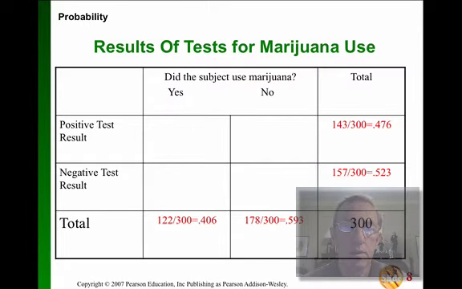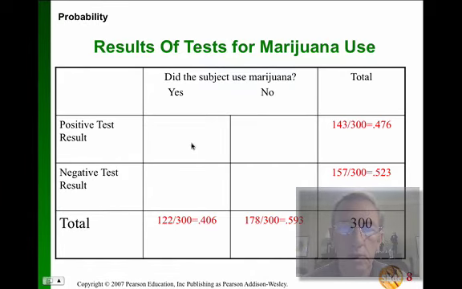It would be nice to know some relationships about these two aspects of the subject population, so let's see what it would look like if we put it in our table. Positive test result, 143, negative, 157. We've got our calculations over here on the side. We've got our subject said yes to use or not: no, I didn't use, 122 or 178.